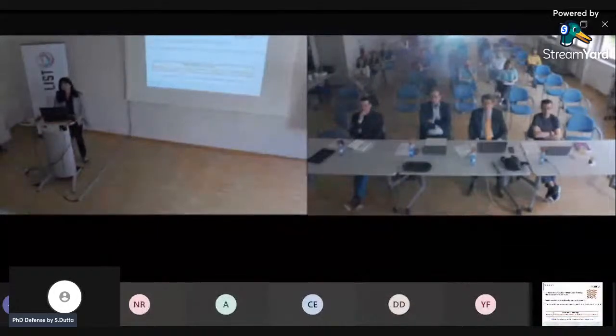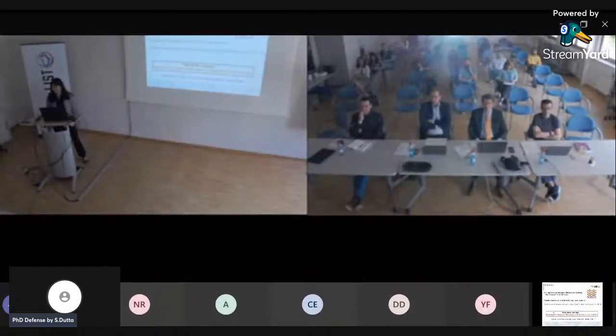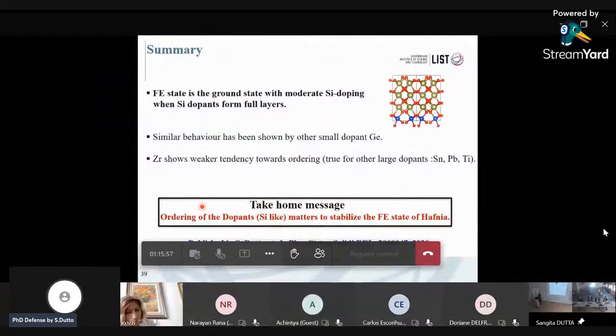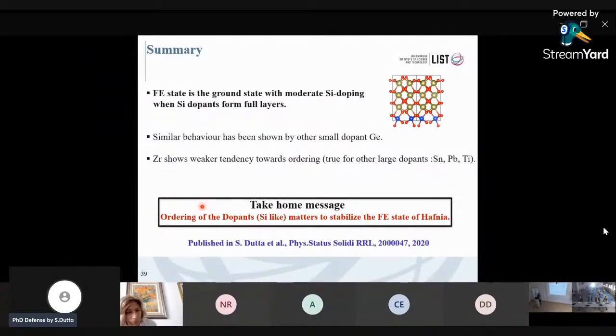But as you see from this result, the larger dopant shows a much weaker tendency, and that is also true for other large dopants. So the main take-home message from this study is that the ordering of the dopants, especially silicon-like dopants, matters to stabilize the ferroelectric phase, and it certainly changed our way of thinking about dopants inside the lattice.